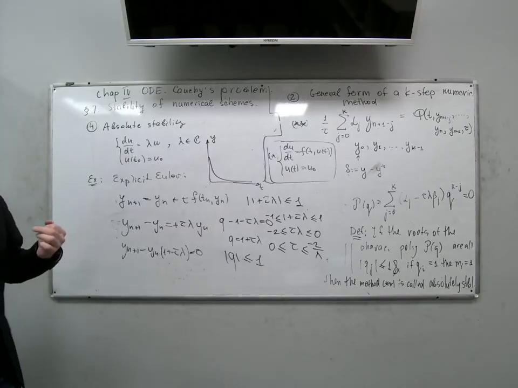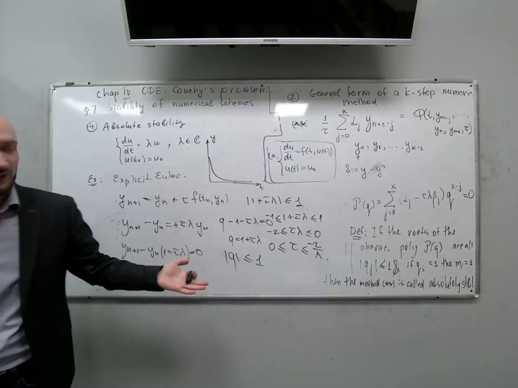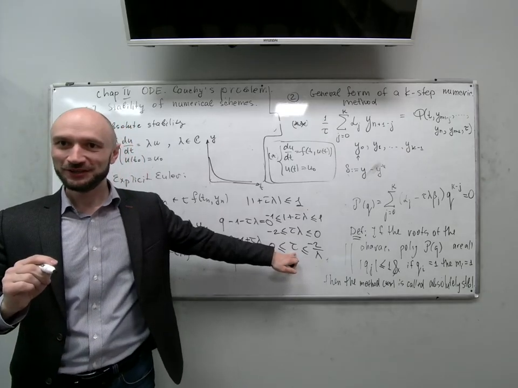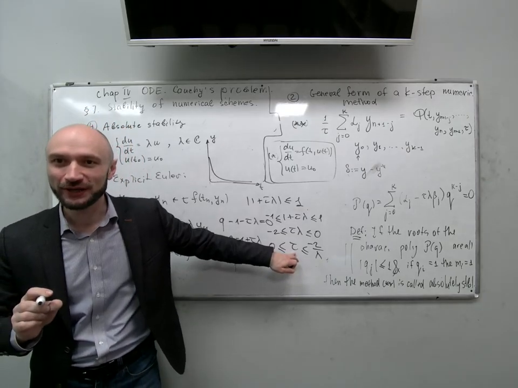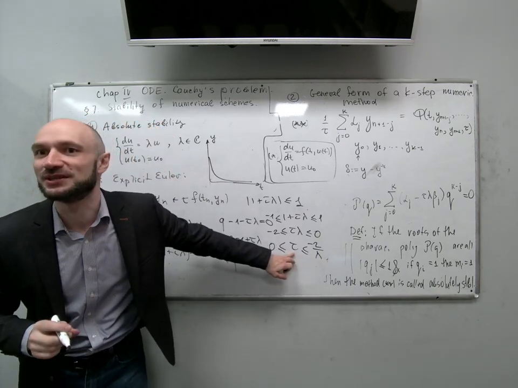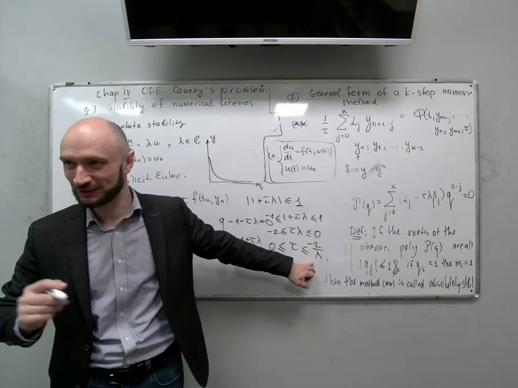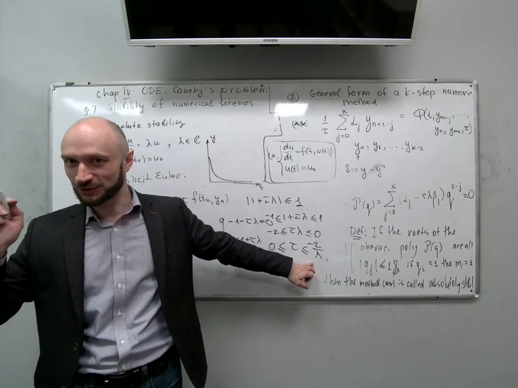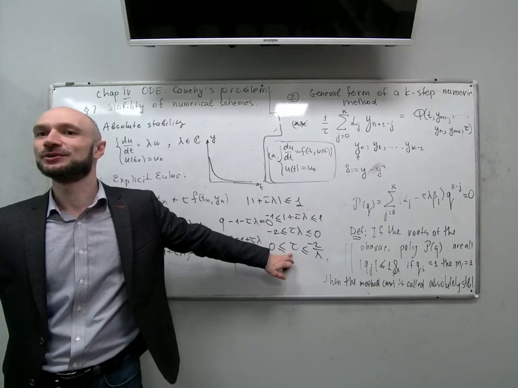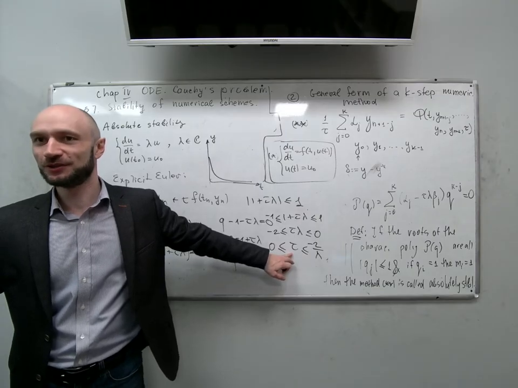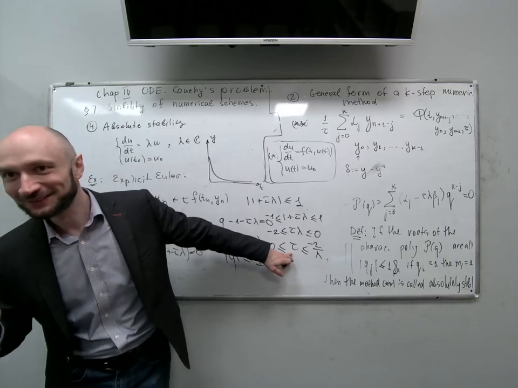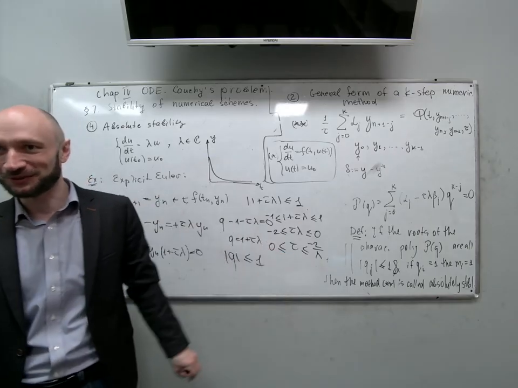But the numerical method that we are using requires that this step is smaller and smaller, and the larger the lambda, the smaller the time step. The more stable the solution of the differential problem, the smaller the time step required to reproduce it. Is it a good property of the method? Do you like it? You have a very stable solution.